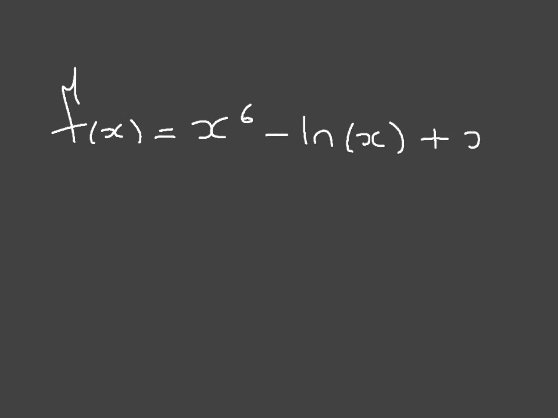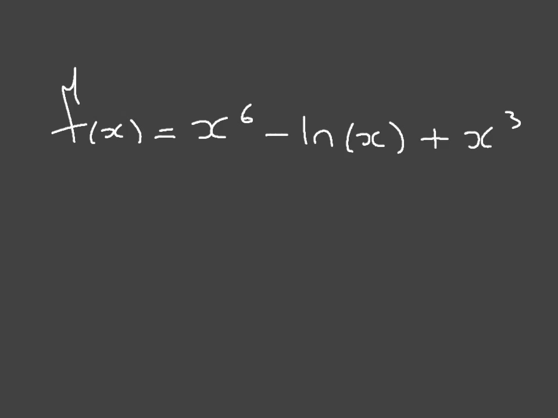Now this rule will still work if we have functions being added and subtracted. So for example, if we had f of x is equal to x to the power of 6 minus ln of x plus x cubed, then once again we would differentiate each of these functions on the right-hand side the usual way.